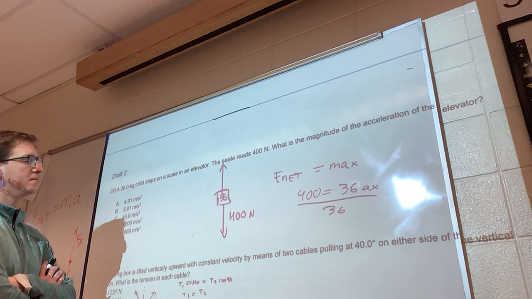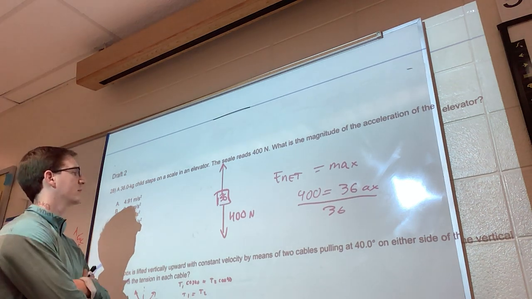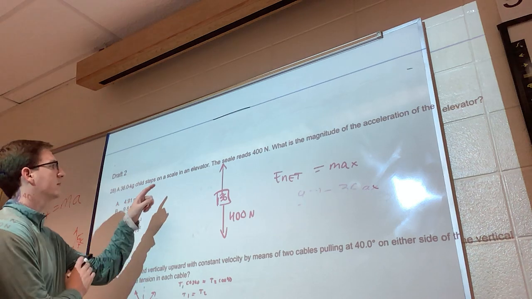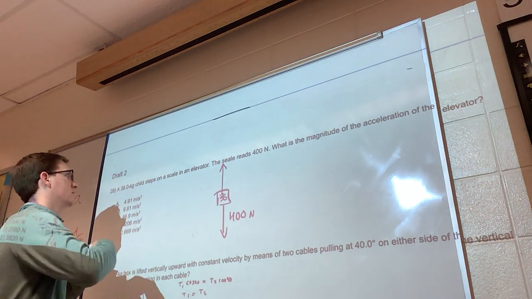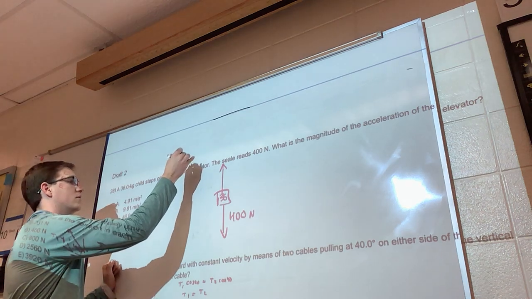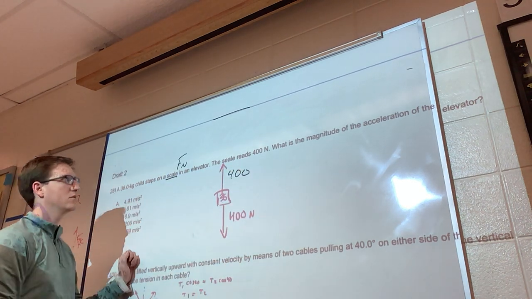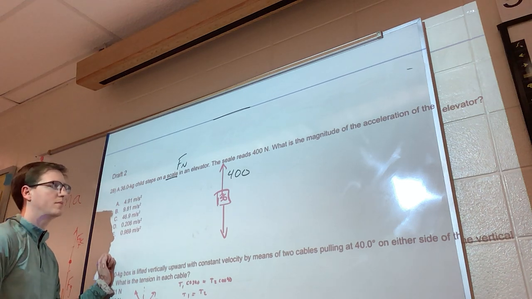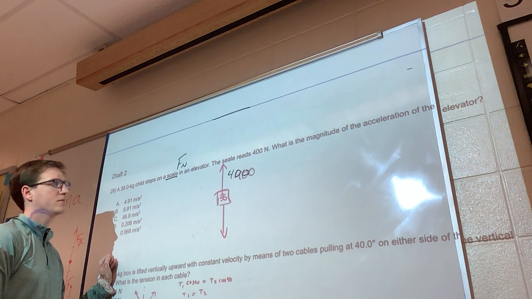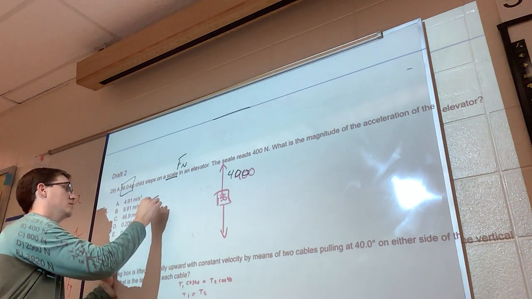Okay, couple adjustments before you get too far. The scale is our Fn. So the 400 is happening actually right there. And then Fg, go ahead and calculate Fg equals mg.